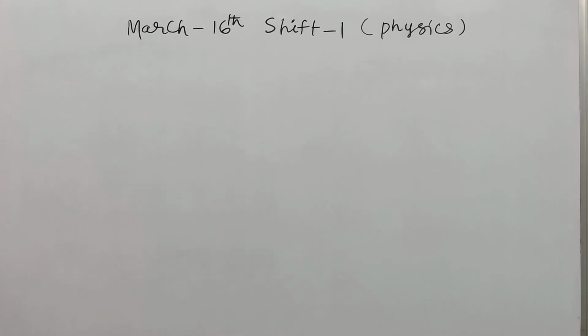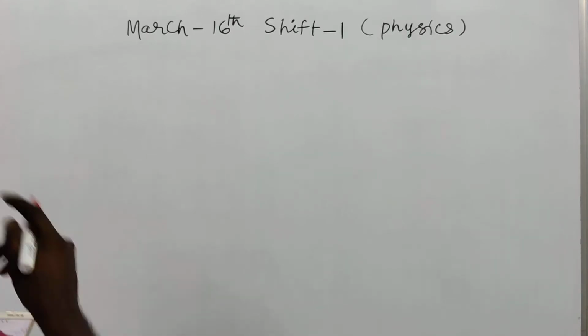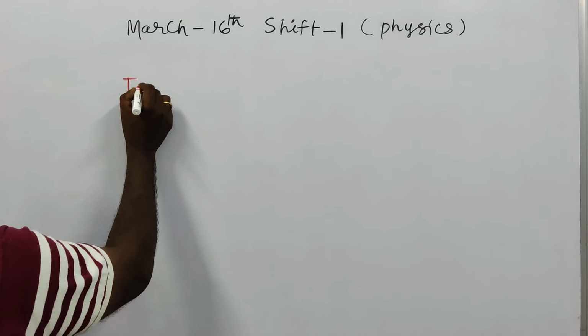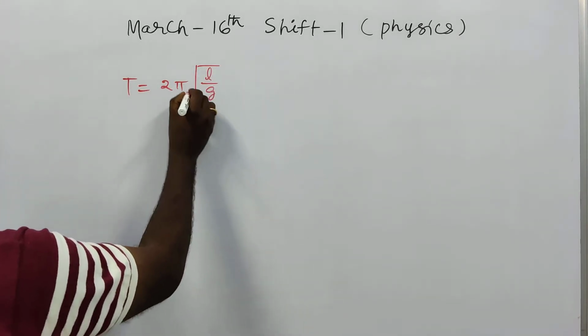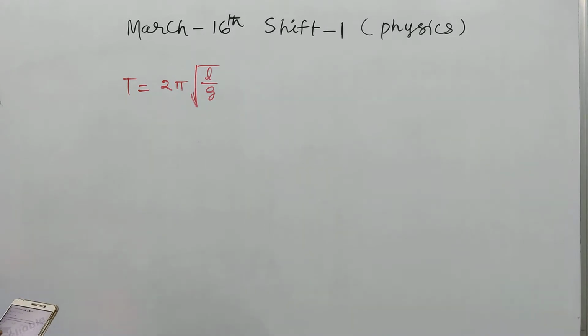The next question is from laws of motion. A simple pendulum attached to the ceiling of a lift has time period T. A simple pendulum has the time period T equal to 2 pi root of L by g. When the lift is at rest, the time period is 2 pi root of L by g.